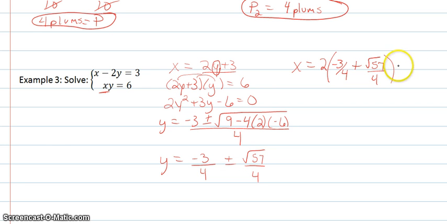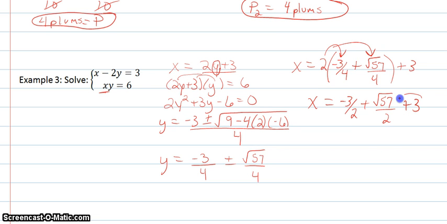Alright, and then we are adding 3. So I would distribute the 2 across. So x equals negative 3 over 2 plus the square root of 57 over 2 plus 3. And then I can add that 3 and negative 3 over 2 together. So x equals a positive 3 over 2 plus the square root of 57 over 2.